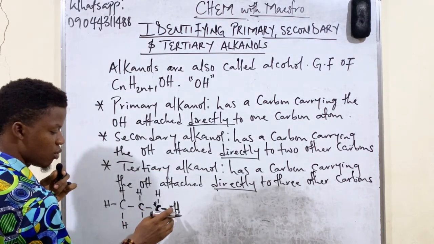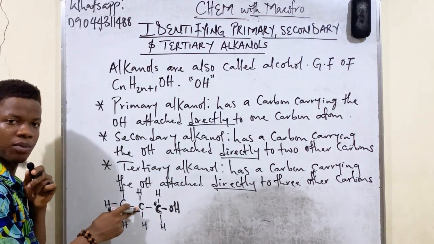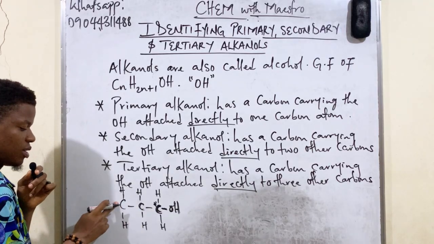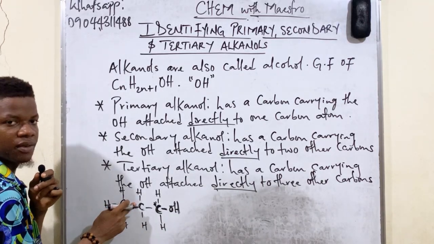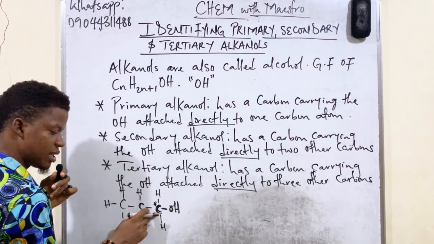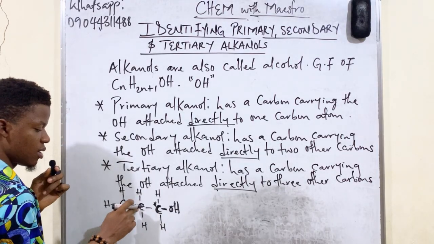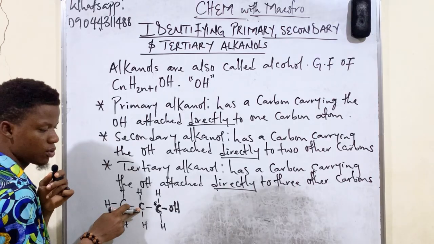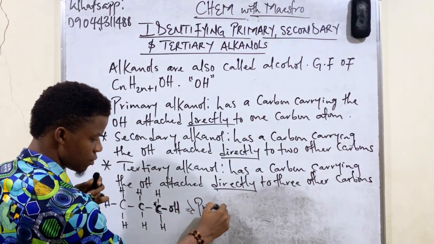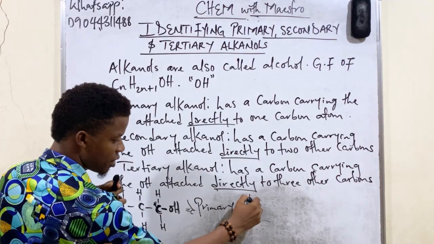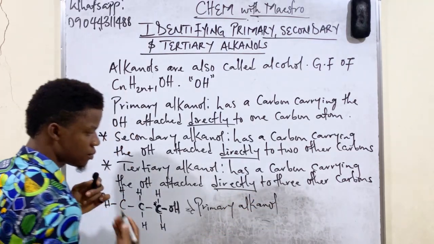This guy carrying the OH is directly connected to just one carbon. This one is connected to this, which is connected to this, so that is indirect. But this guy is directly connected to this carbon. So this is a primary alkanol.